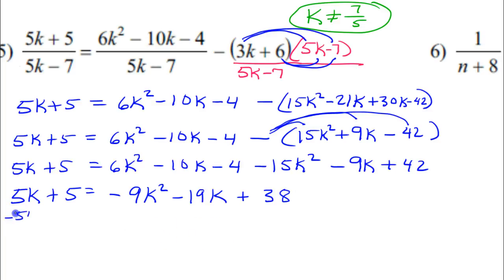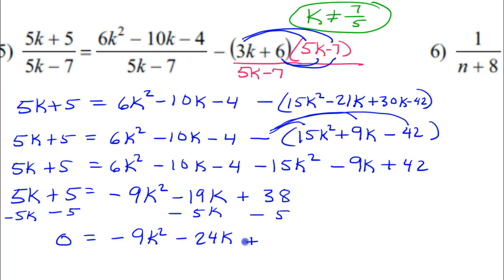So let's subtract 5k from both sides. And let's subtract 5 from both sides. So now I have 0 is equal to negative 9k squared minus 24k plus 33.